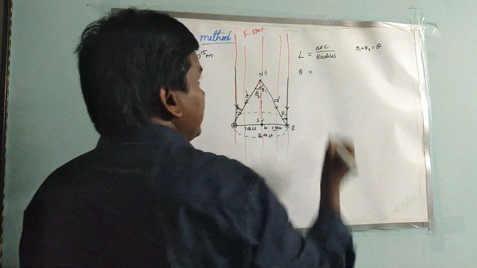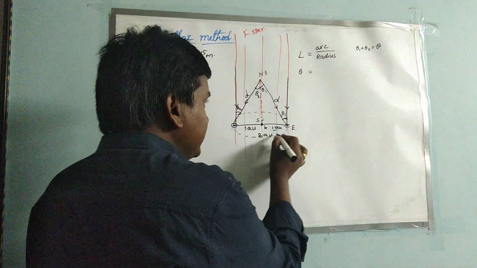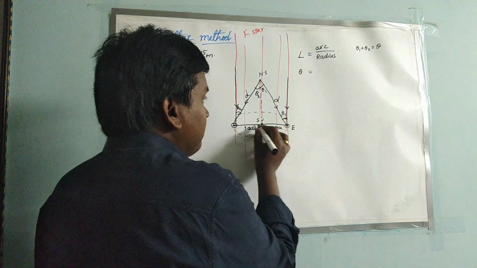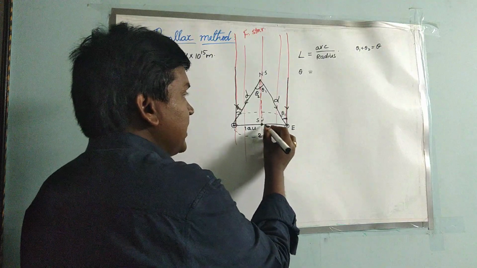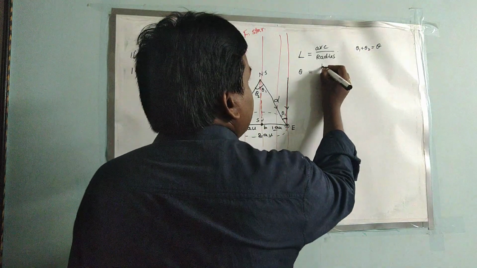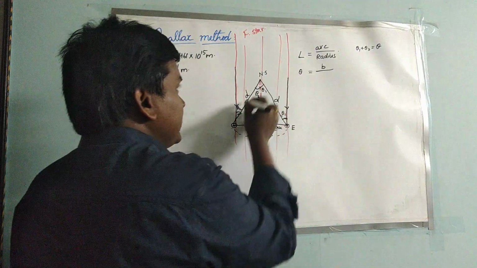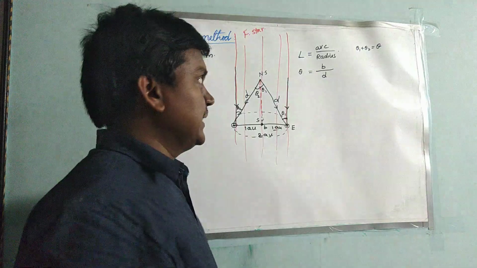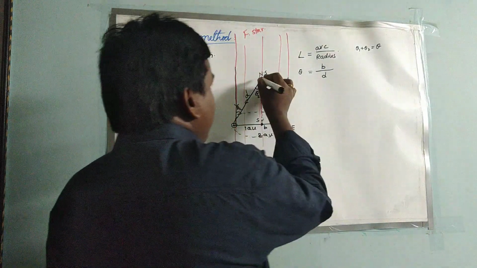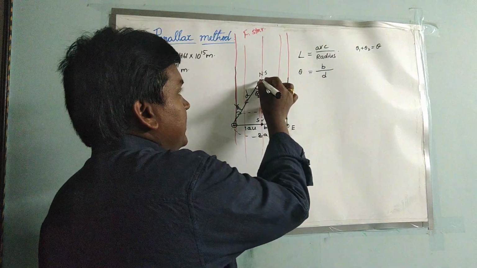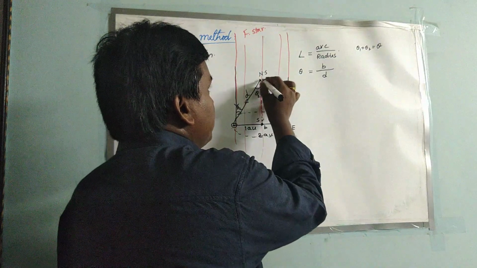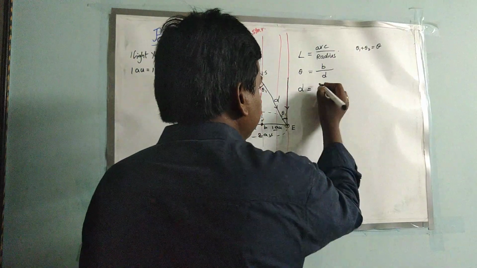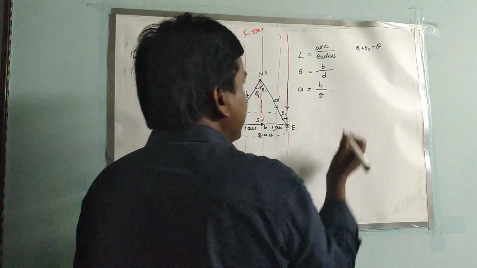The arc, if the arc gradually decreases, will be equal to this diameter, and I am naming the diameter as B, and the radius is D. So theta equal to B by D. Or if I want to find the distance D, the distance between the near star and earth, D equal to B by theta.